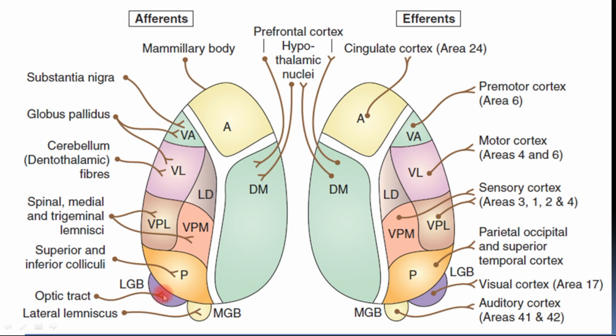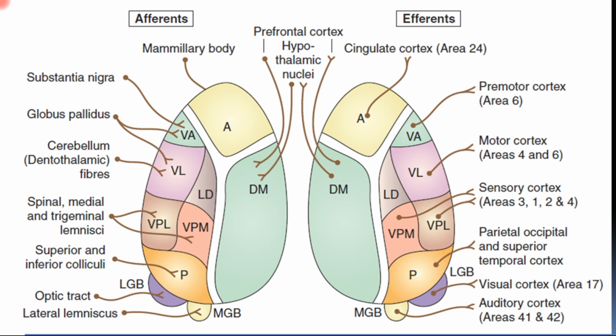Coming to the second sensory relay center, the lateral geniculate body. This lateral geniculate body receives input from the optic tract, and here again there is a topographical arrangement from various areas of the retina.